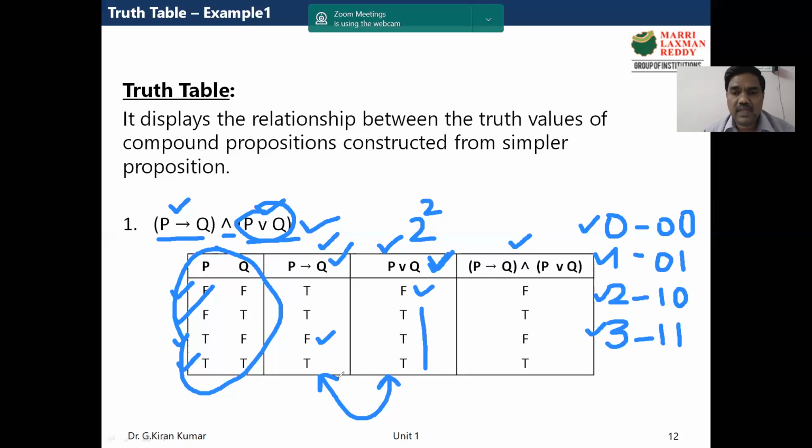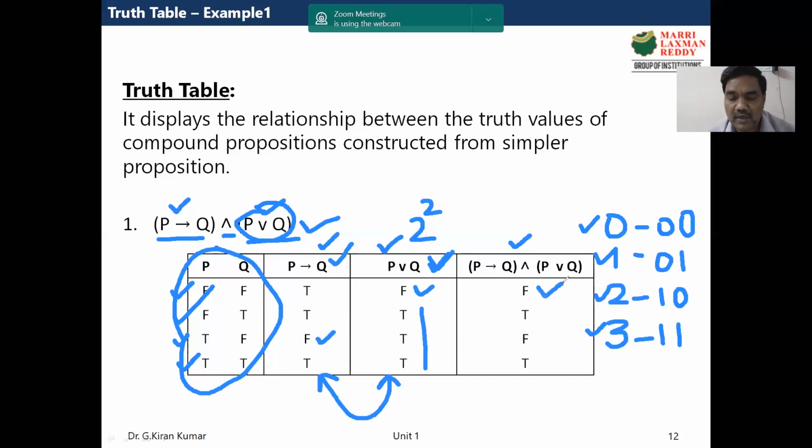Okay. So I need to apply AND between these two columns, right? AND is true only when both the propositions are true, and in all the remaining cases it is false. What are the remaining cases? That is FT, TF, FF. In all these three cases it is false. Therefore, the first one is TF, so it is false.